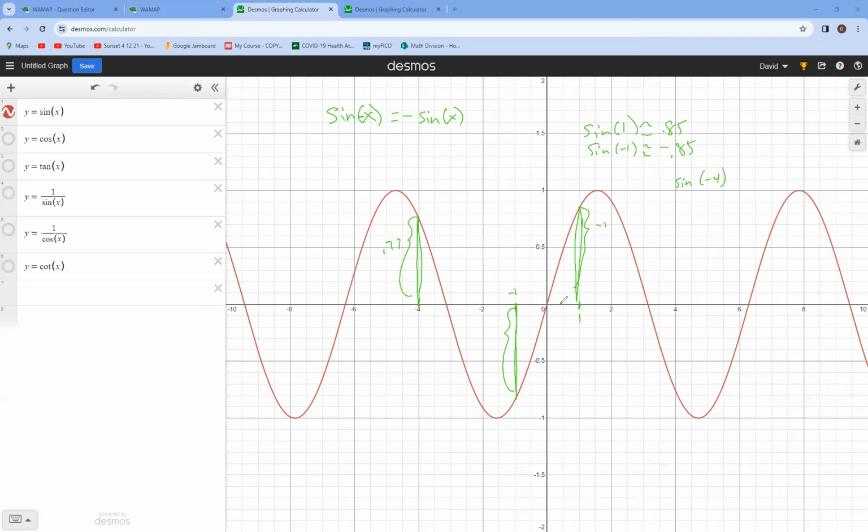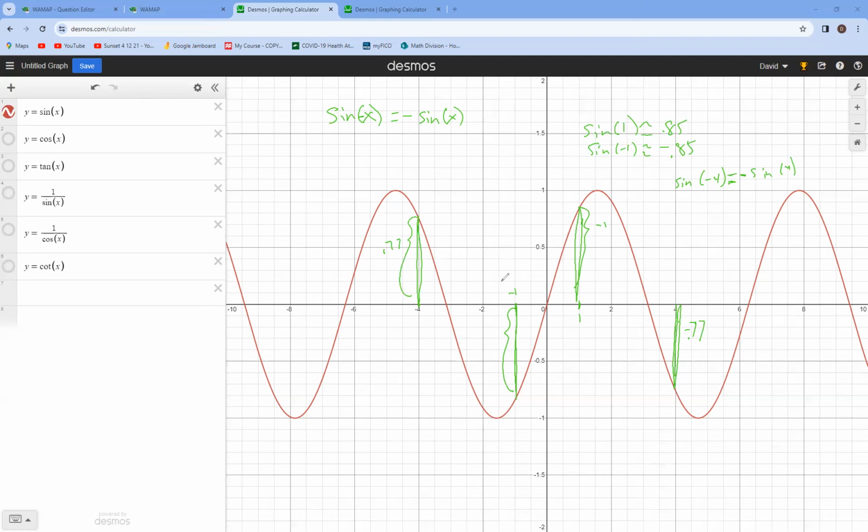Then if I go to positive 4 on the x-axis and compare the height here with the height at negative 4, this one is going to be negative 0.77. So the sine of negative 4 is the opposite of the sine of 4.